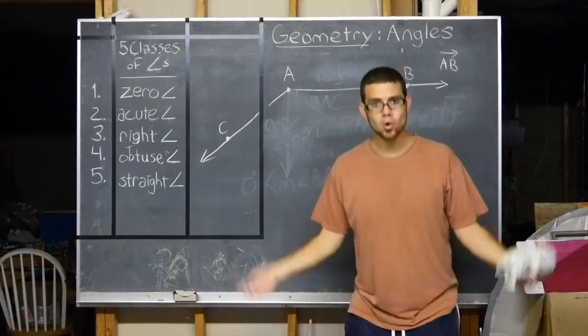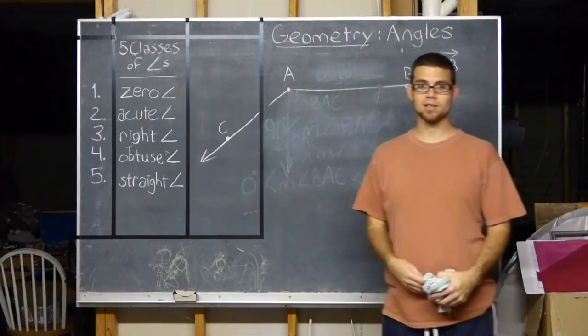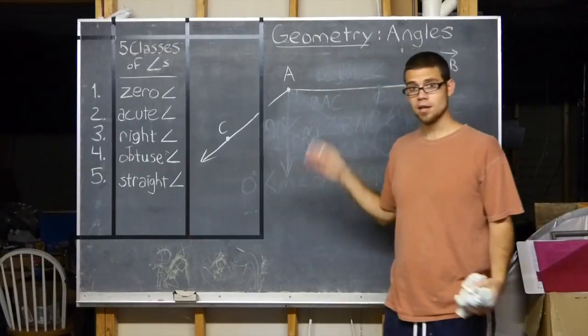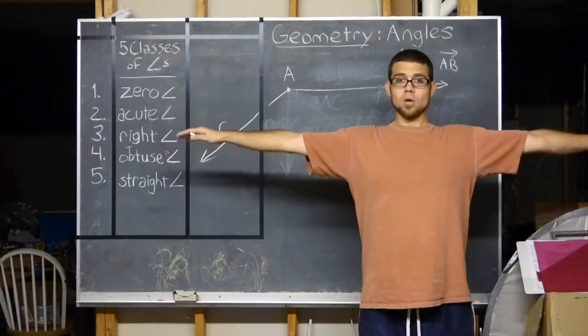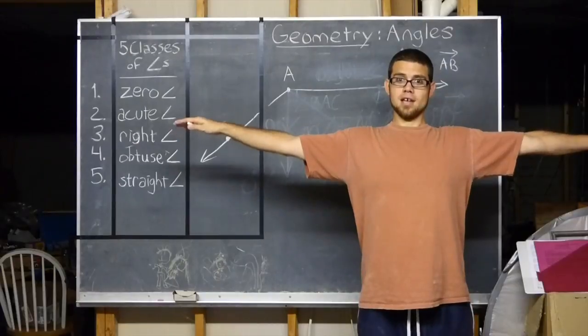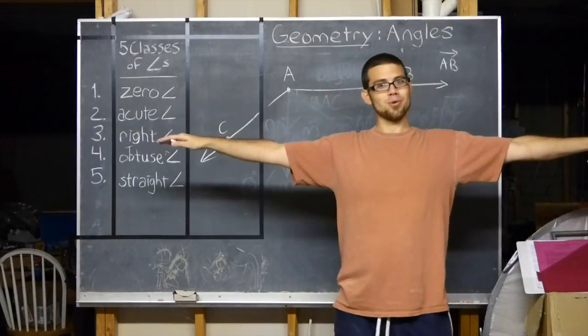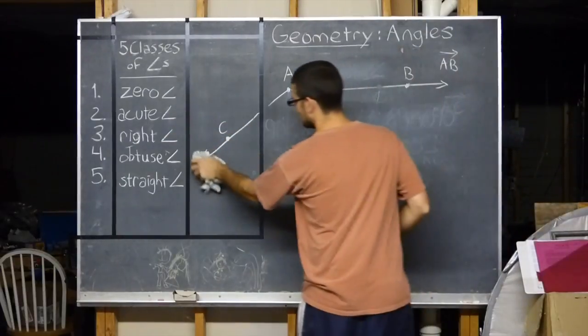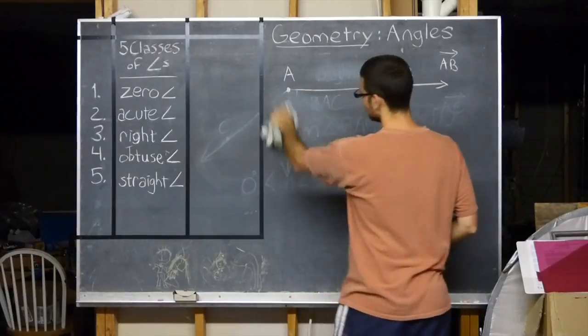And lastly, the only value left for our measurement of angle CAB is what's known as a straight angle, and that's named well too. Just like the 0 angle, it's pretty intuitive.